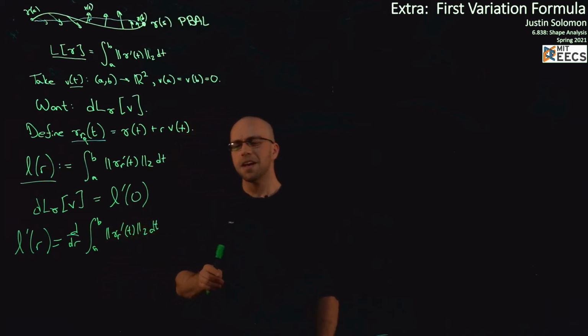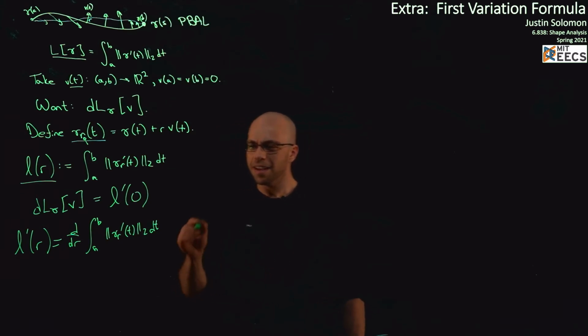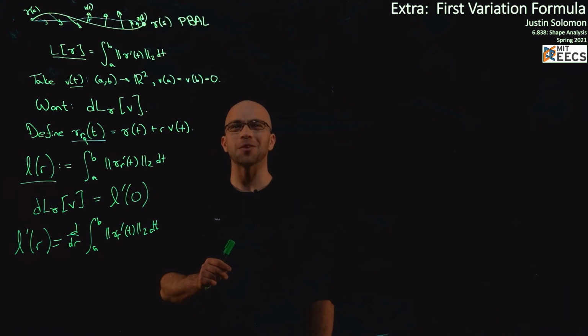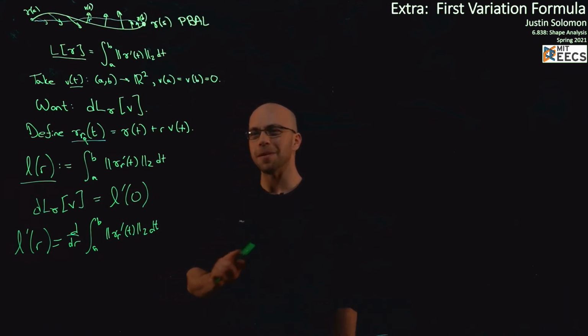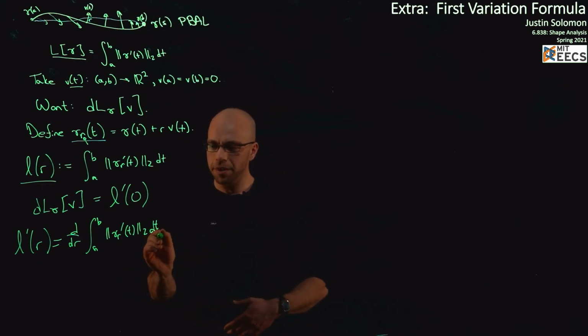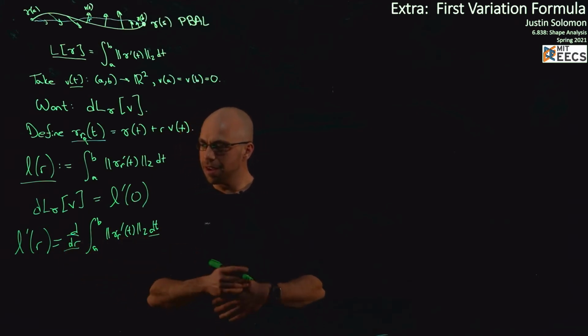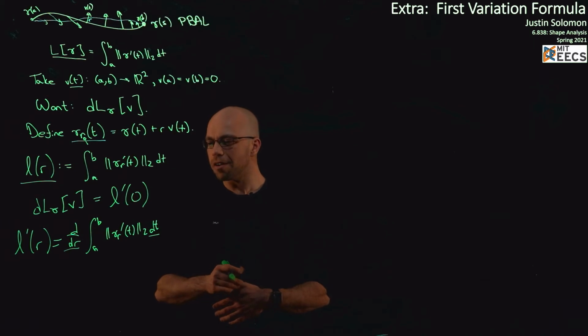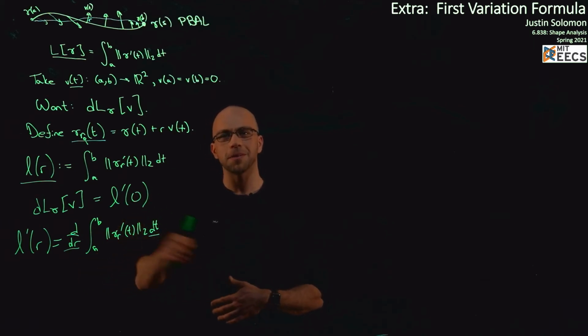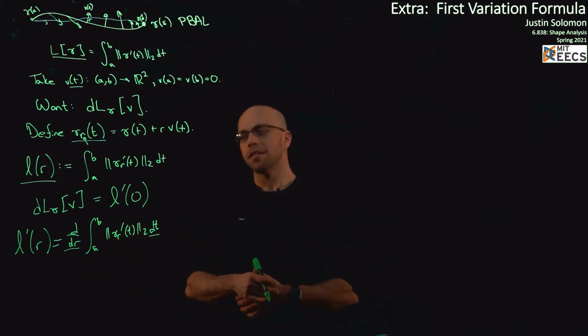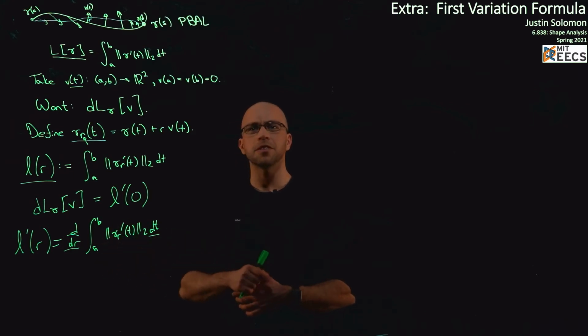Okay. Now, here's something that you may or may not remember from your calculus class. It's called differentiation under the integral sign. And here's the basic point. My integral is over a variable t, and my derivative is over a variable r. And r is sort of a parameter of the expression inside of the integral. So in this case, the integral is basically just a glorified sum over different t values.